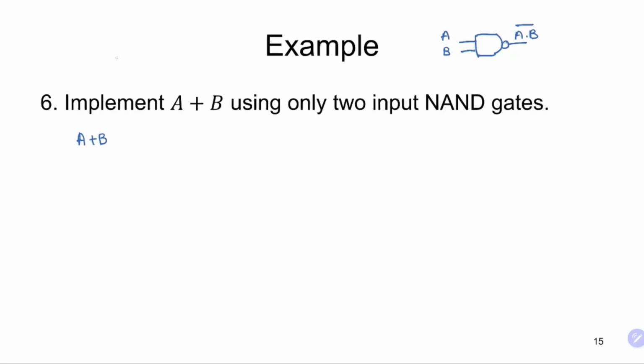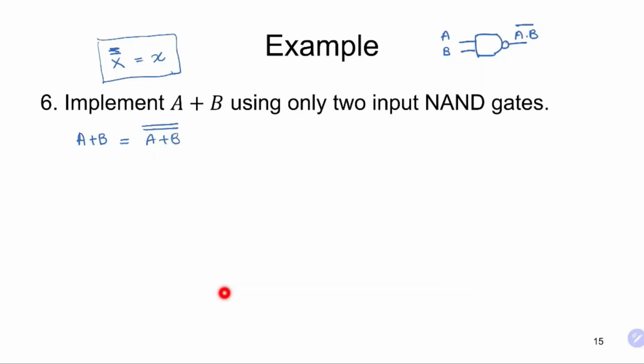So one of our laws says that if I double invert a function, that will be equal to the function itself. We understand this. Meaning that if I invert A or B twice, that is the same as A or B. Agree?